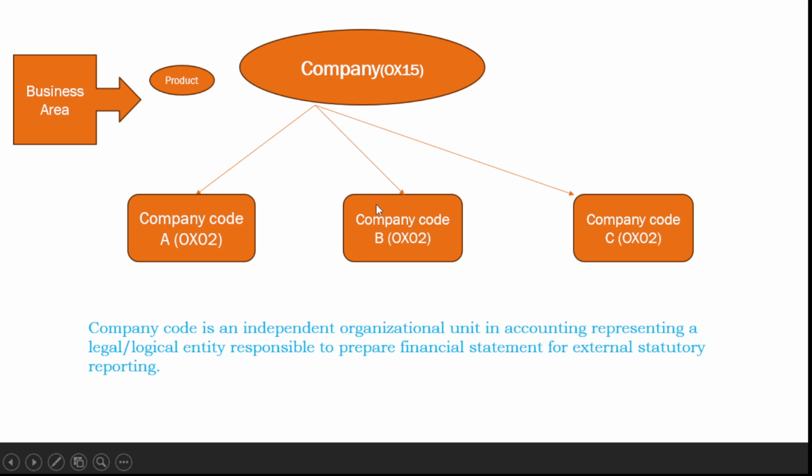Electricity is one company code, steel manufacturing another company code, services another company code. In other scenarios, maybe your company will be merged with another company, or your company takes over, purchases or acquires another company. In those cases also multiple company codes can be created.